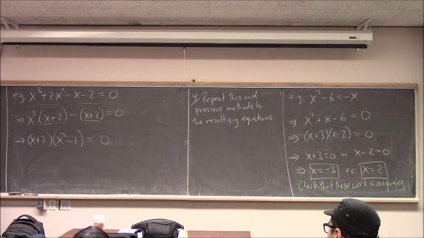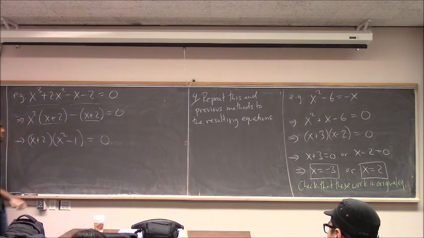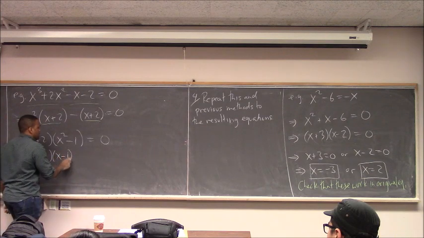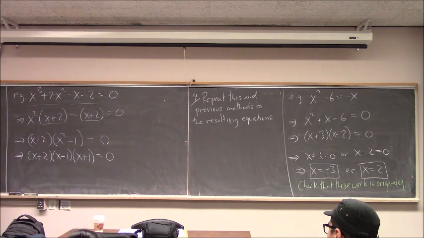Now, I could apply the zero factor property right here, and I would just have a nonlinear equation to deal with, which I could do, but it's nice to factor as much as you can to, 1, avoid mistakes, 2, make sure you flesh out all solutions, because if you jump the gun, you can end up making mistakes.